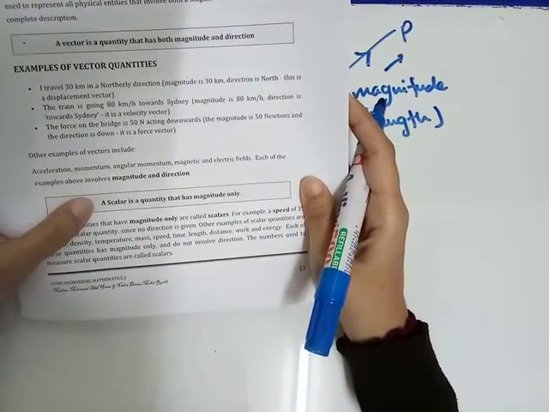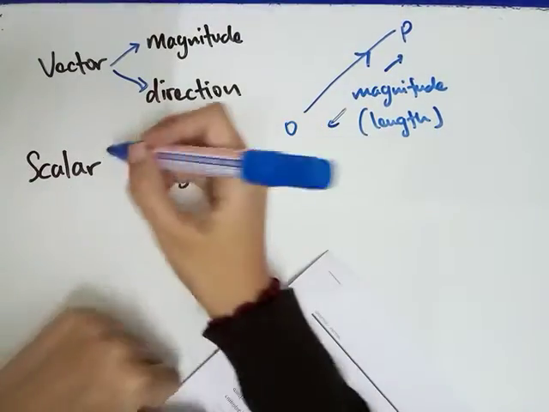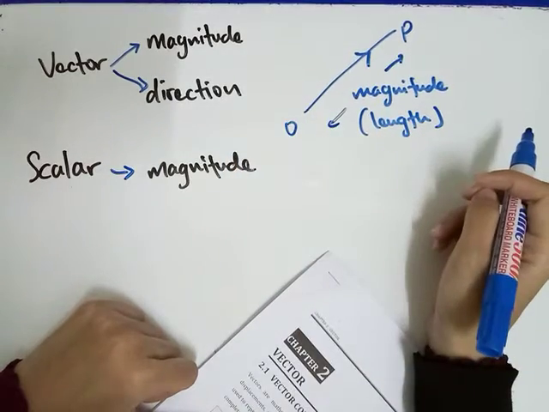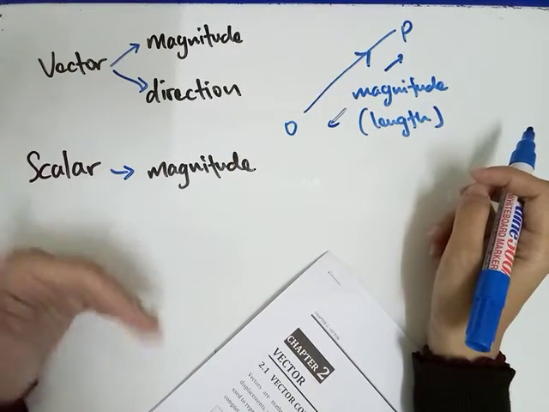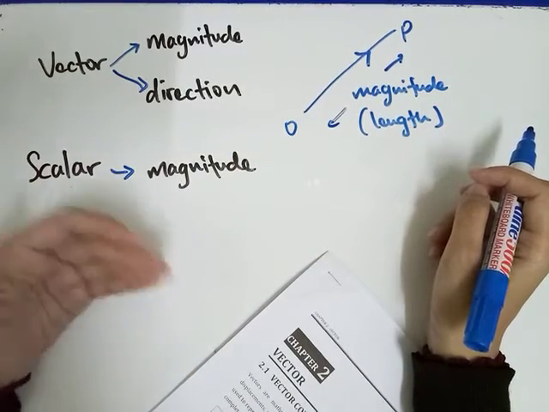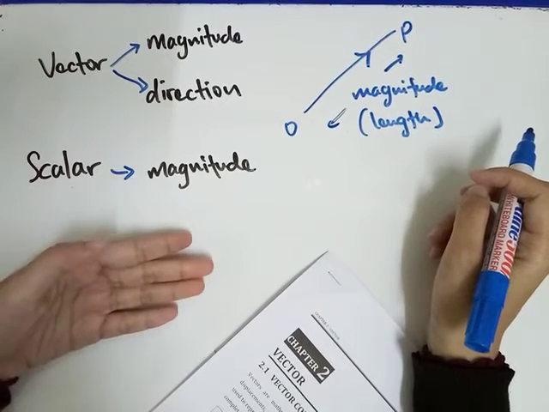Scalar is a quantity that has magnitude only. For example, for scalar: distance, length, speed, time. So that is scalar.